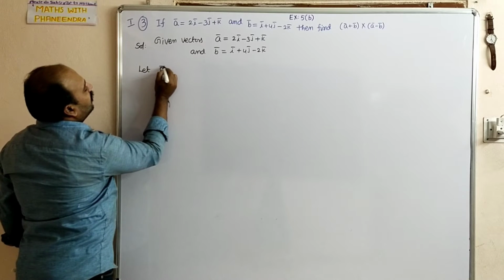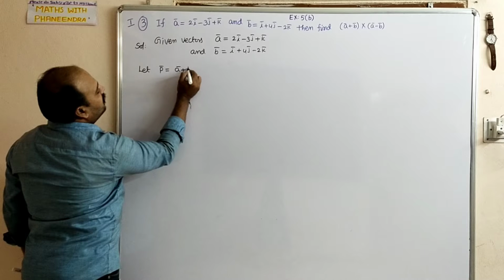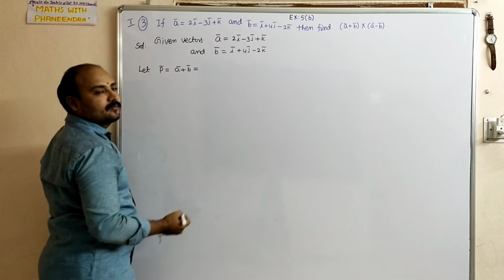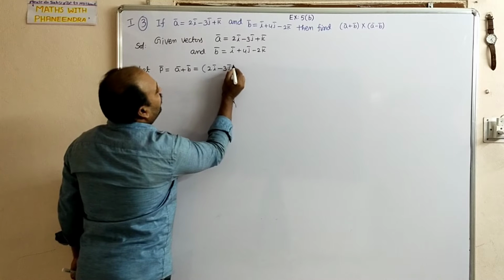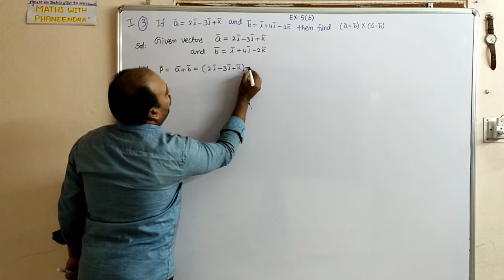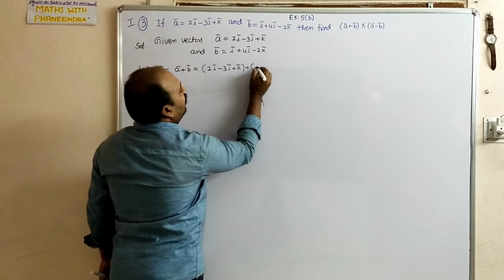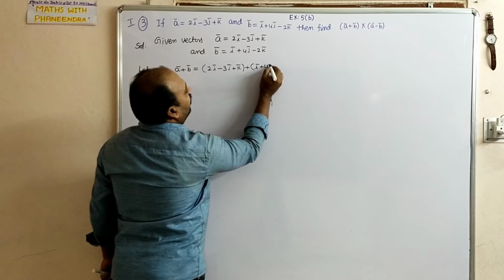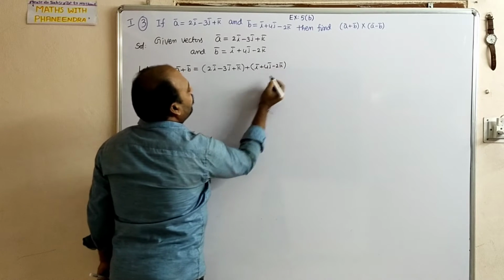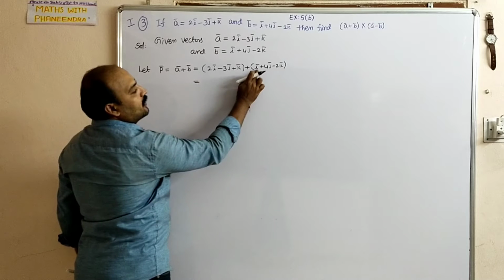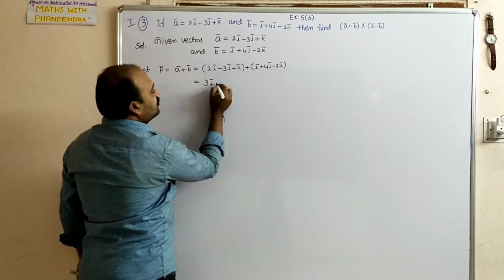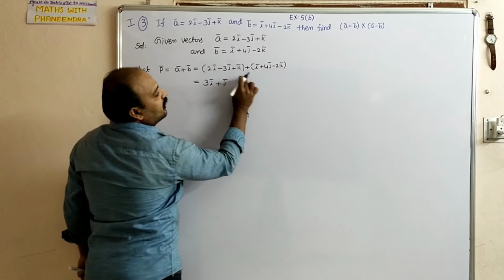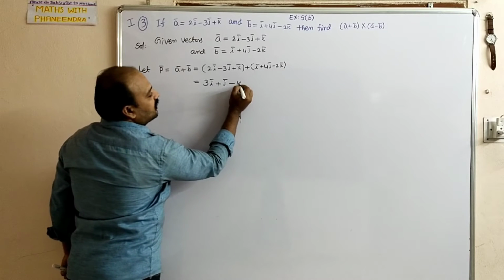Let P bar equal to A bar plus B bar, sum of these two vectors. 2i minus 3j plus k plus I plus 4j minus 2k. 2i plus I, 3i; minus 3j plus 4j, plus j; k minus 2k, minus k.